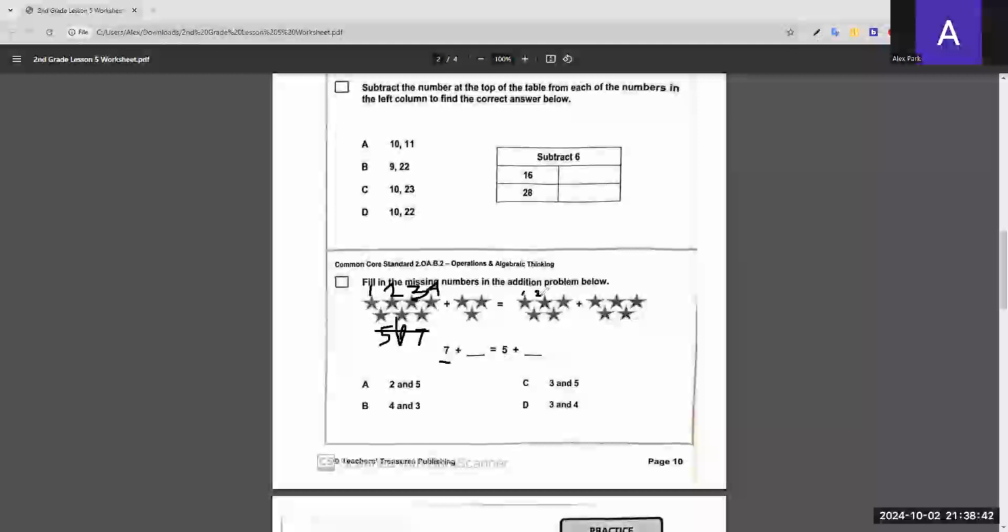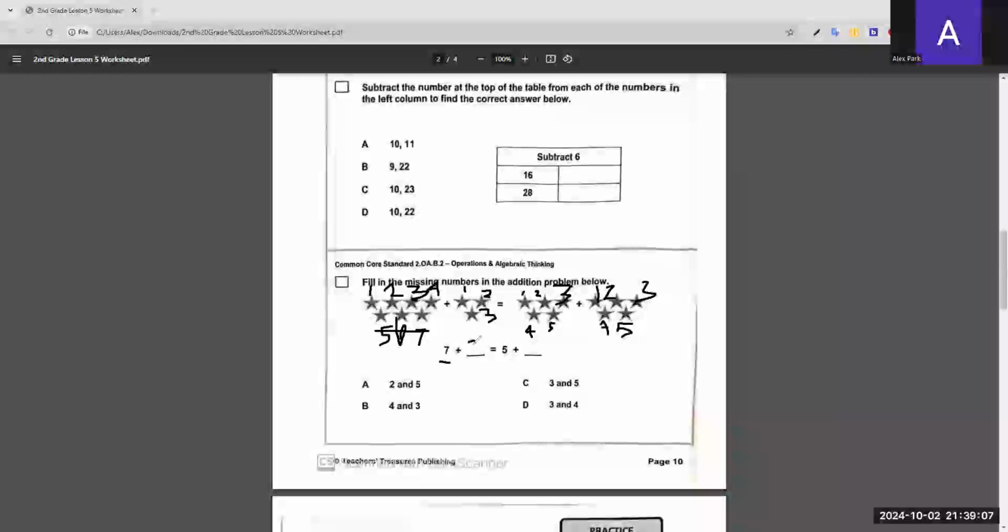And 1, 2, 3, 4, 5. So after counting the stars, we can see that they correlate to the number here. So there's 1, 2, 3 stars, and 1, 2, 3, 4, 5 stars on the right.